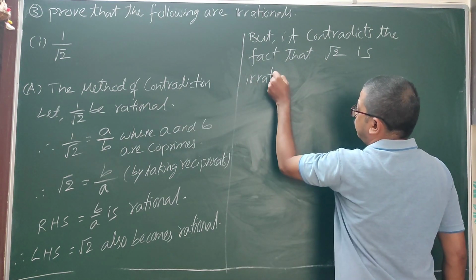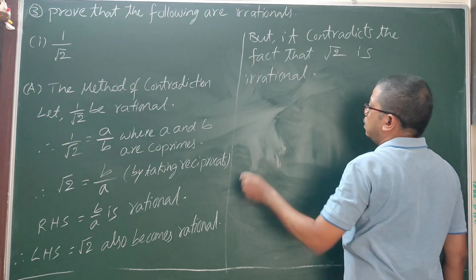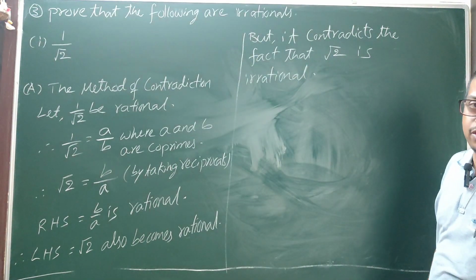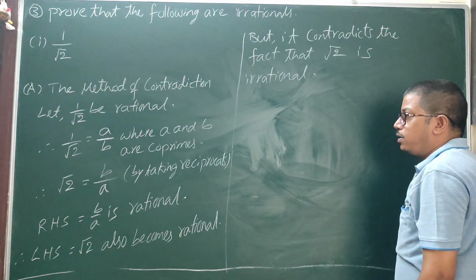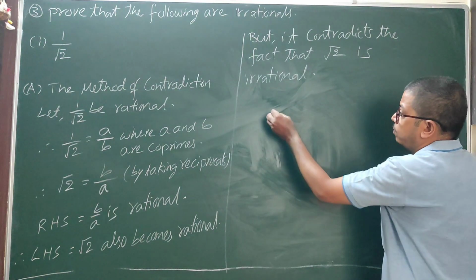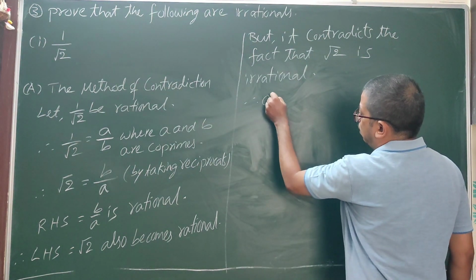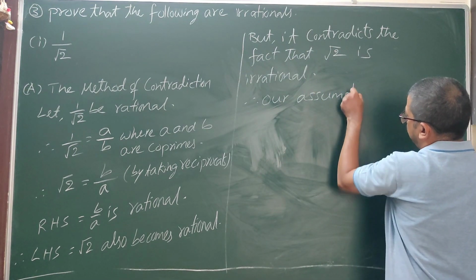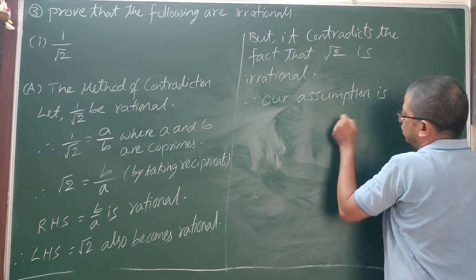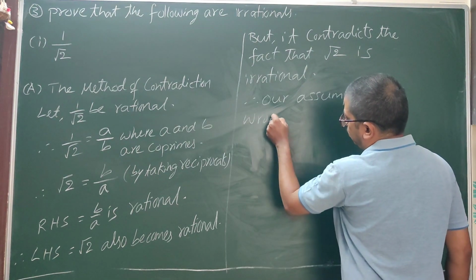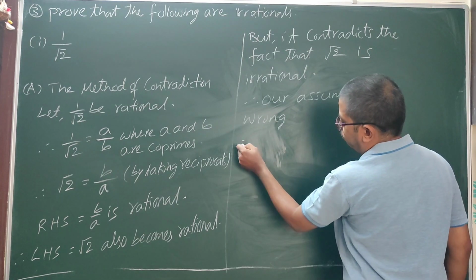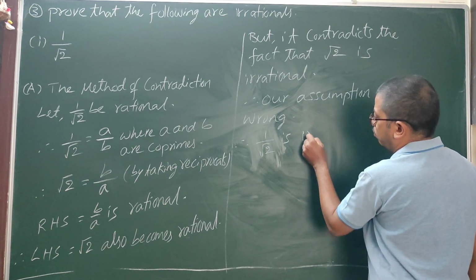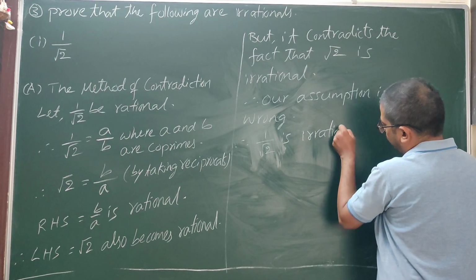By the definition of irrational numbers, root 2 is irrational. That means our assumption is wrong. Therefore, 1 by root 2 is irrational.